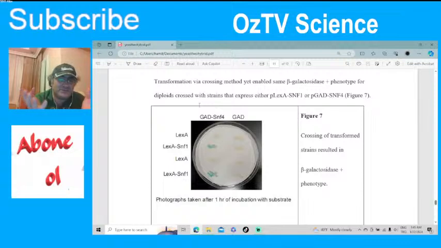If it is hard to work with plasmids, just whichever is easier. See, these are mated diploids. So say this one, let's say CNF1 haploid with another haploid carrying GAD CNF4. This combination worked.